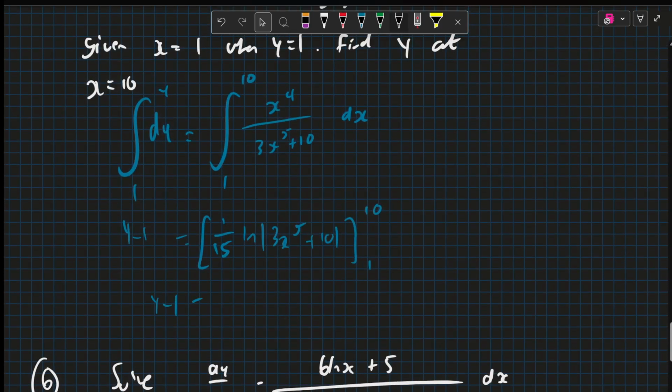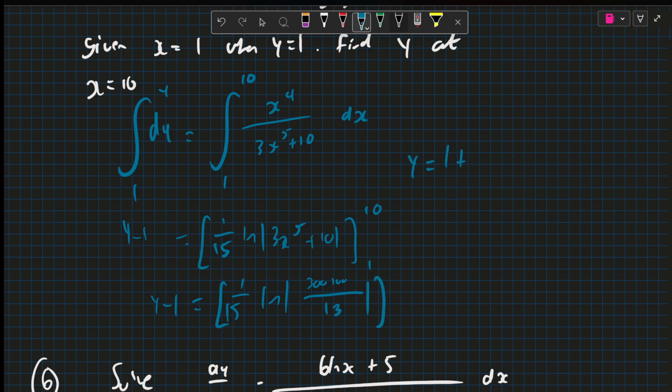So we're going to have y minus 1 is 1/15 times the natural log of something absolutely ginormous. It's going to be definitely over 13. So 3 times 10 to the 5 is going to be 300,000, plus 10 is 300,010. Which I don't think divides into 13. No, it definitely doesn't. And then we're just going to have to add 1.